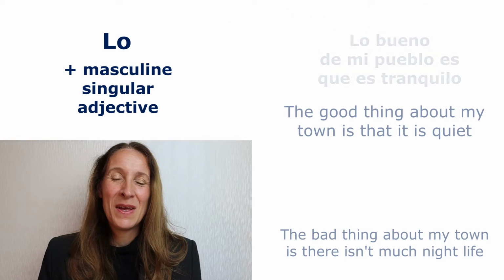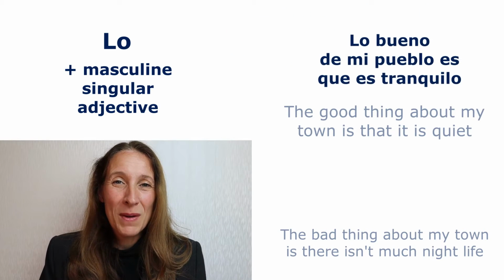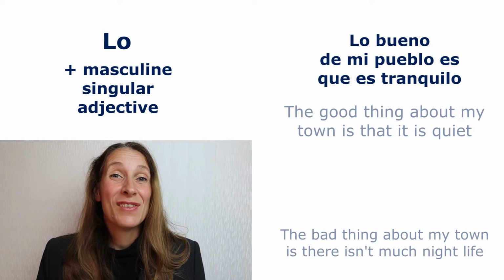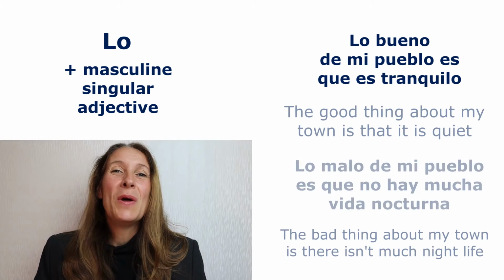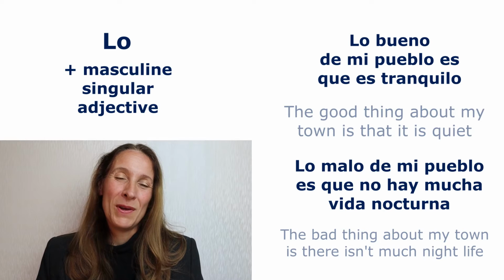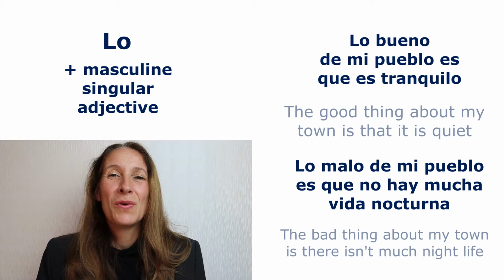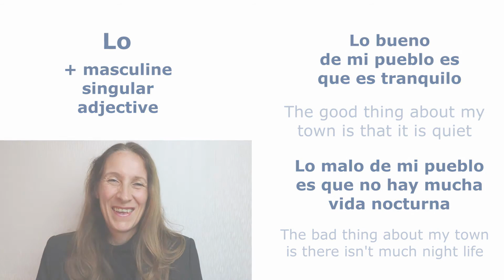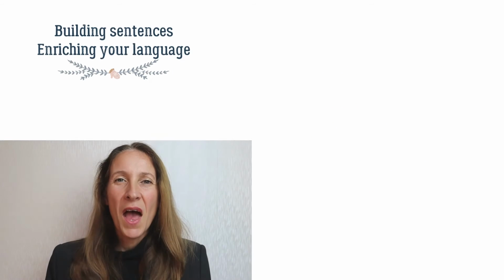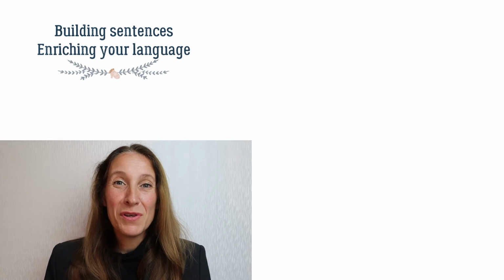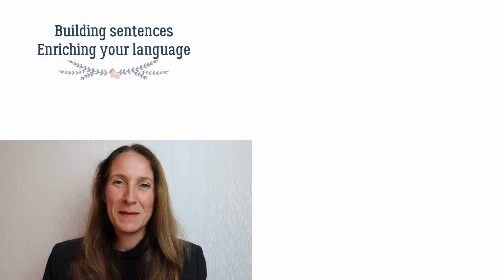Una vez más, lo bueno de mi pueblo es que es tranquilo. Y lo malo de mi pueblo es que no hay mucha vida nocturna. I would like you to be able to transform sentences.